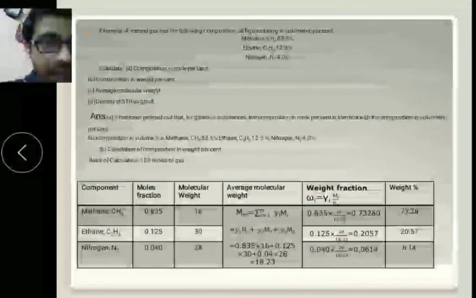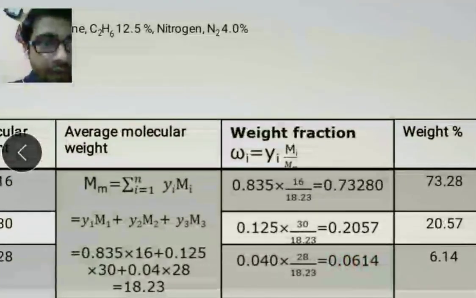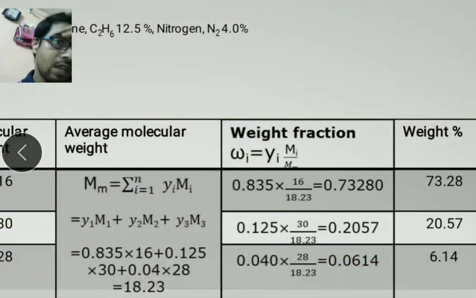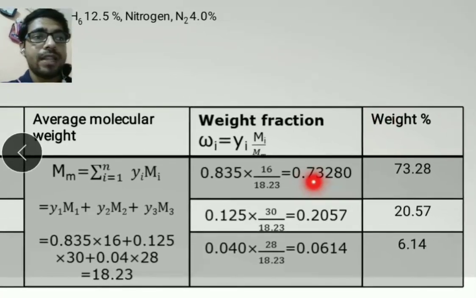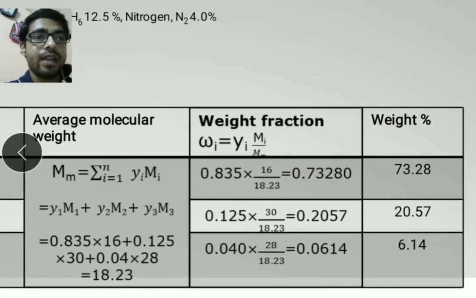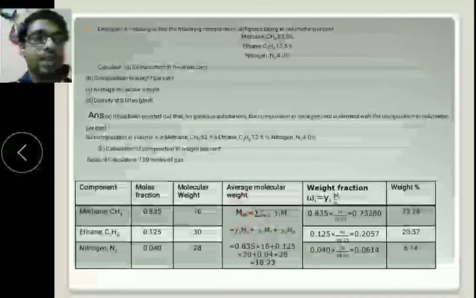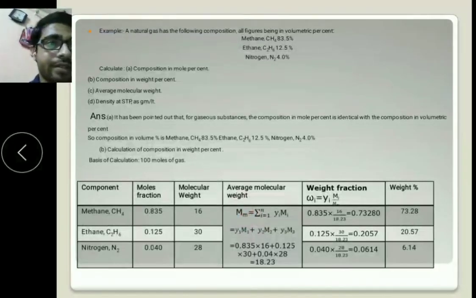We put in the values and find the weight fraction is 0.728 for methane, 0.2057 for ethane and 0.0614 for nitrogen. For weight percentage we multiply by 100 and find 73.28, 20.58 and 6.14, right? Okay, so next page.